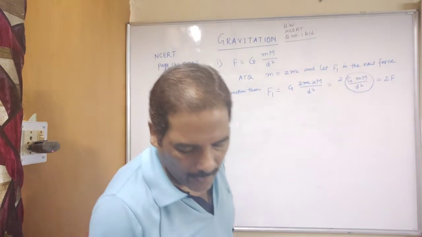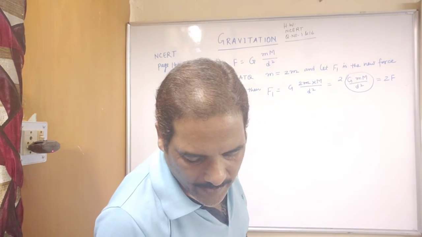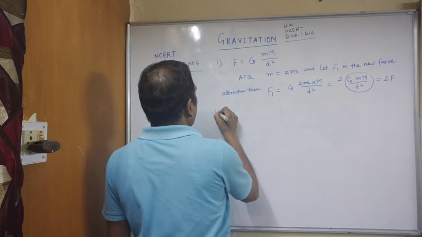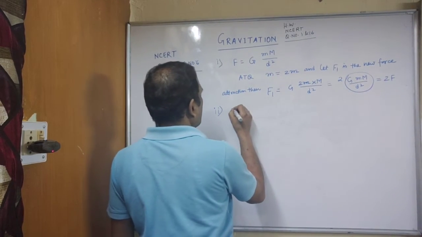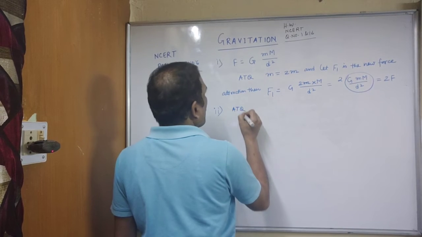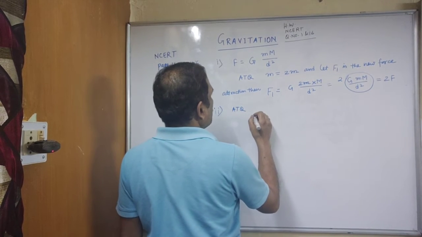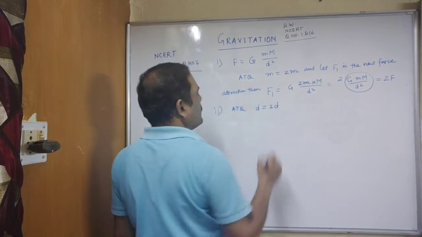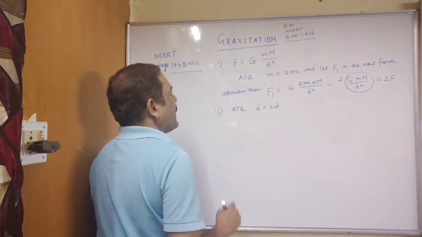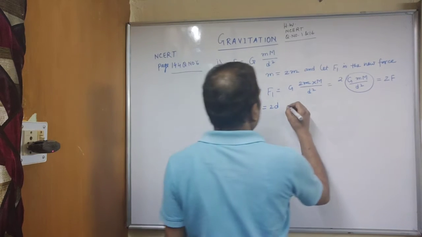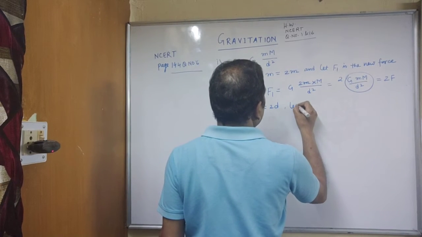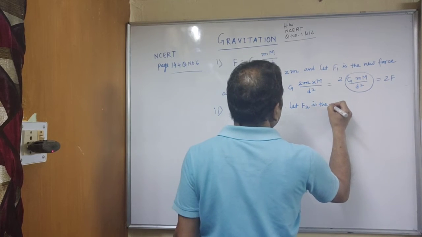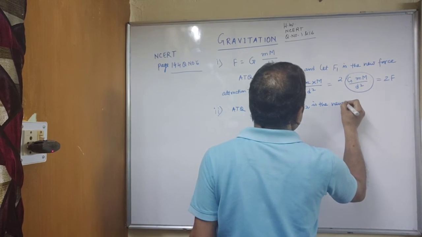Now the second part, the distance between the objects is doubled and tripled. So now according to the question, distance between the objects is doubled. So now it is 2d. So again let F2 be the new force of attraction.